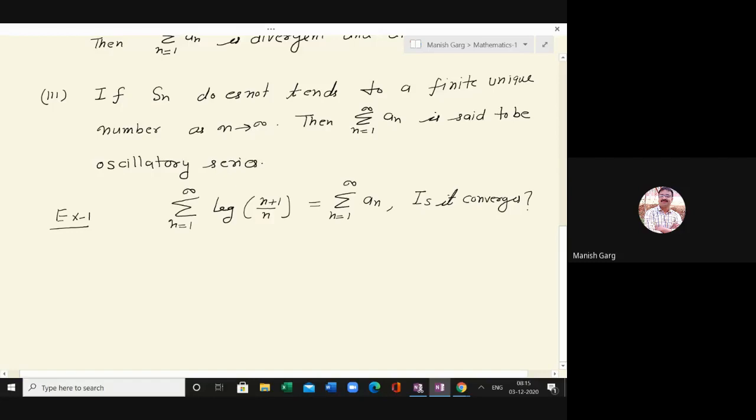So how can you do it? An is equal to log of (n plus 1) over n. So far I know only Sn. So what is An? An is equal to log of (n plus 1) over n, or if you split, you can write log (n plus 1) minus log n.